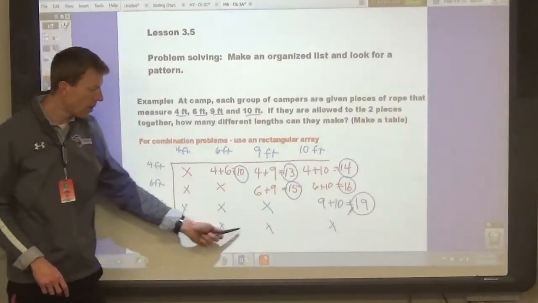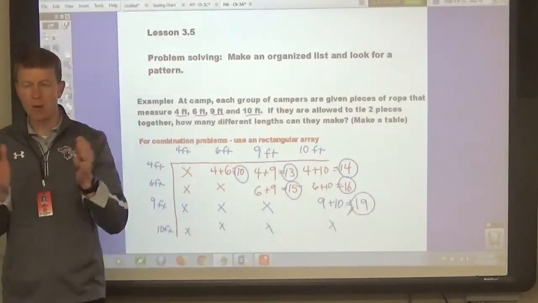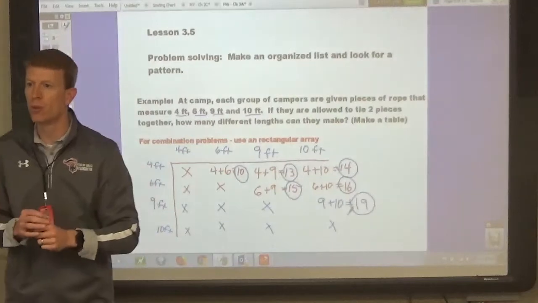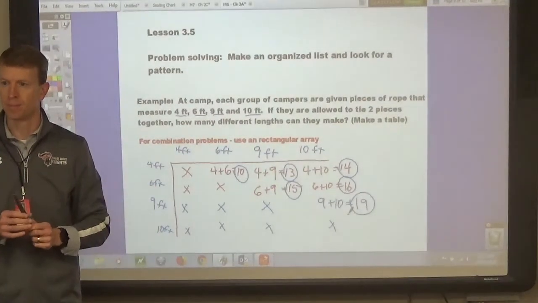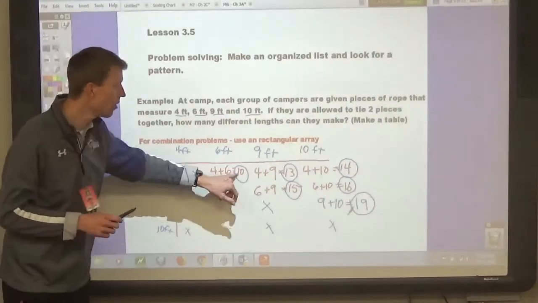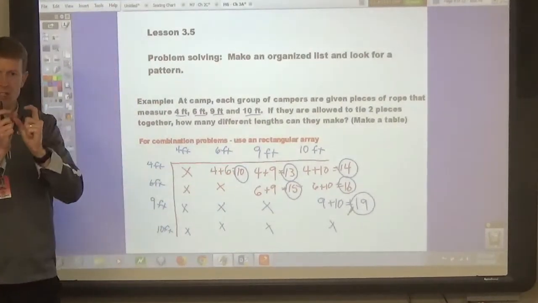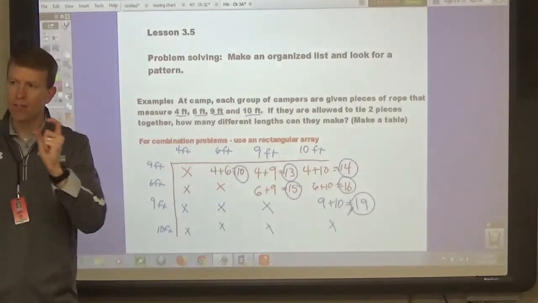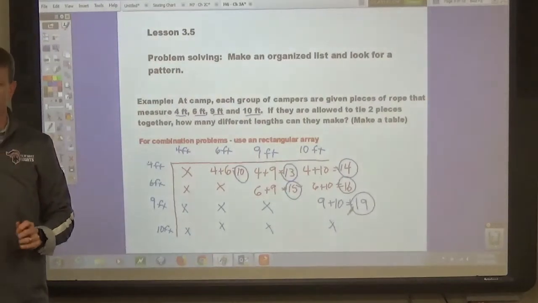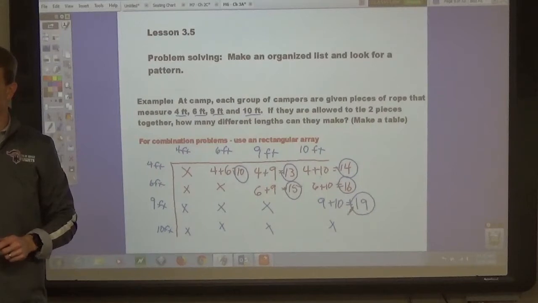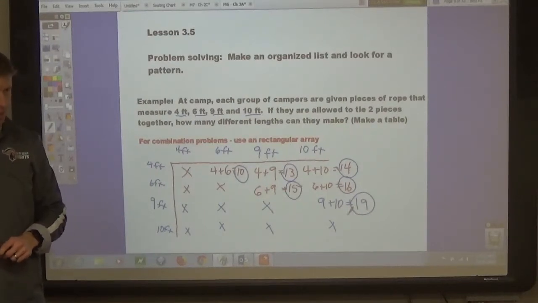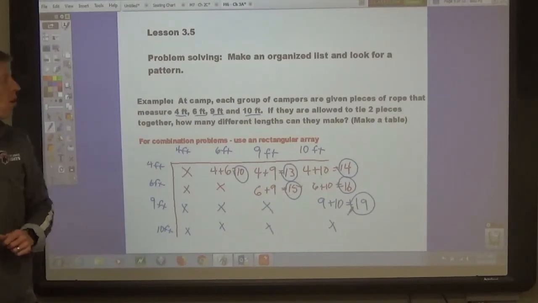Each of the X's represents a combination that we cannot make, or can't use. Okay? That's how an array works. That's how you can put combinations together and show all of the different combinations. Alright? Like I said, it's similar to a multiplication chart.